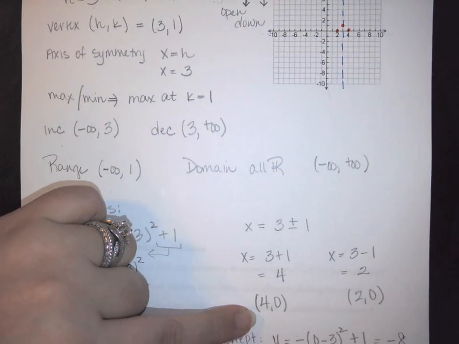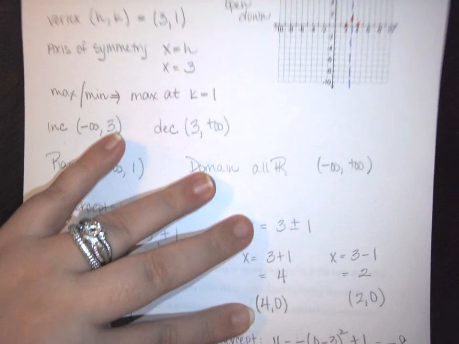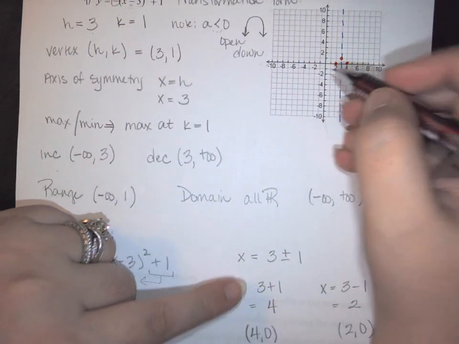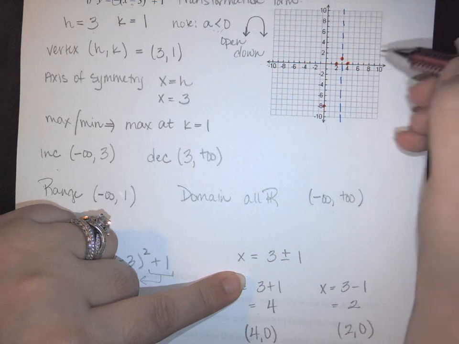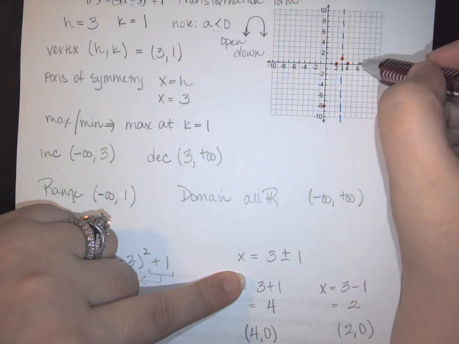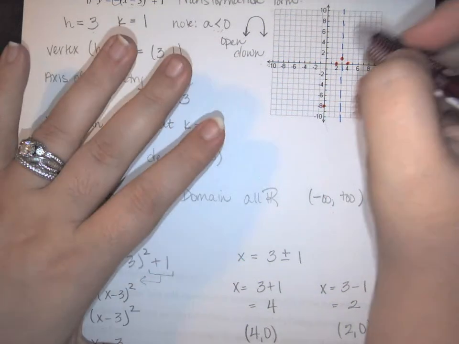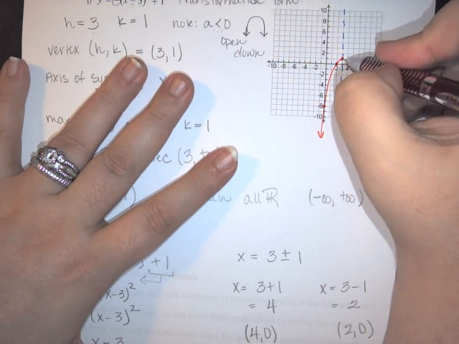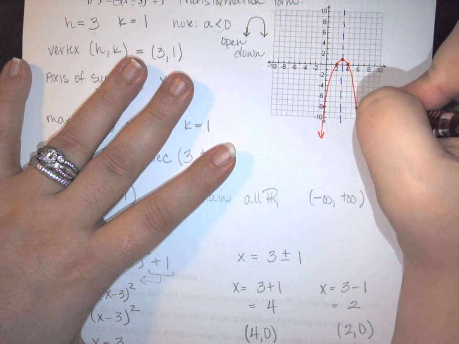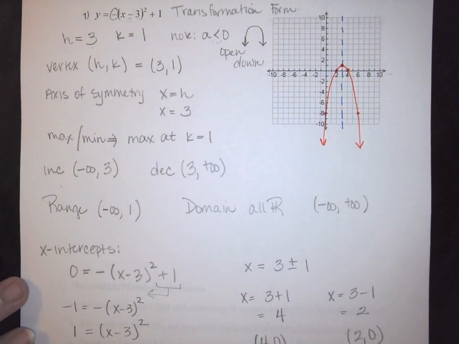The only other point that I have way down here at the bottom is this y-intercept, so that would cross right about here, which also means I could go to right about here. Once you have your points, you just connect your dots to the best of your ability, make it as close as you possibly can. And there's your quadratic.